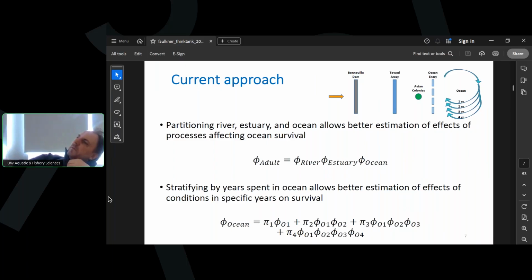But there's a benefit to splitting these out in that you can isolate the particular conditions in the particular years that fish were in the ocean. So 2017, 2018, and 2019 had very specific conditions, and that could be very different than 2015, say, which was a poor ocean year. So being able to isolate those years instead of putting them all together gives an advantage in estimating how the conditions affect survival.